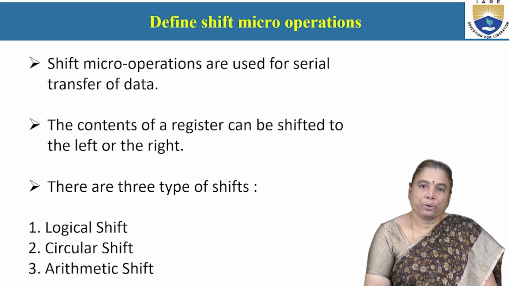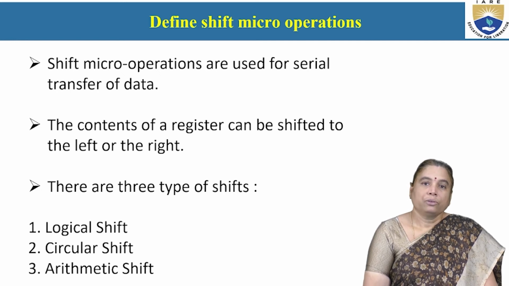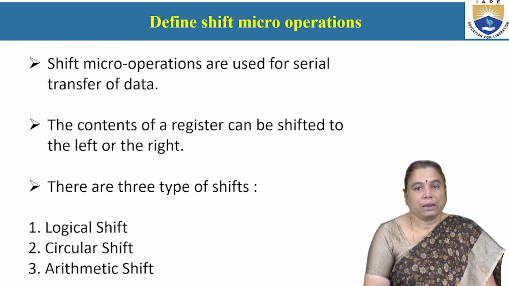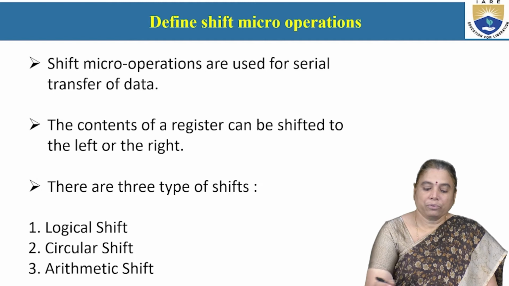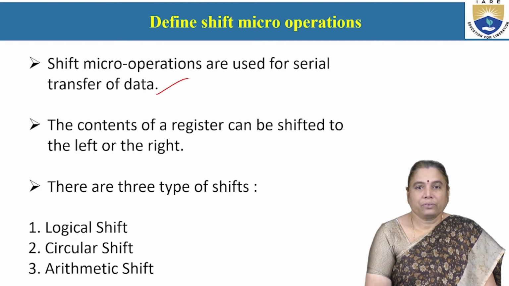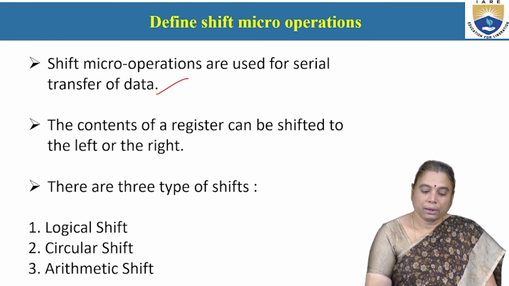Define shift micro operations. In previous slides we discussed the arithmetic micro operations as well as logical micro operations. Now the next category is shift micro operations. So what are shift micro operations? These operations are used for serial data transfer. The contents of a register can be shifted either to the left or to the right.